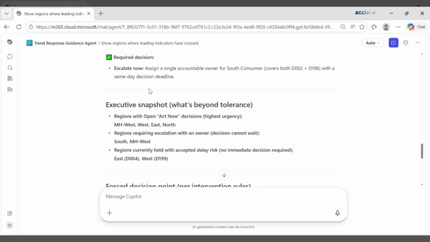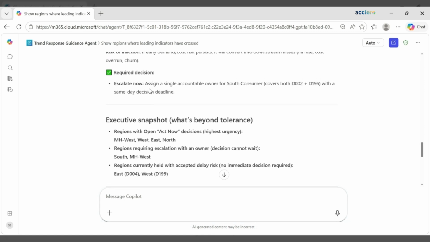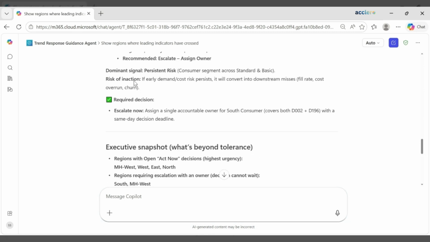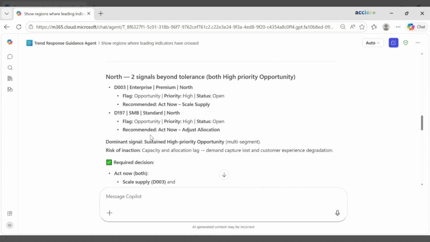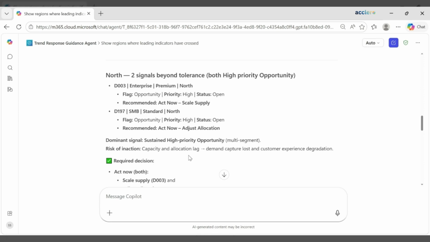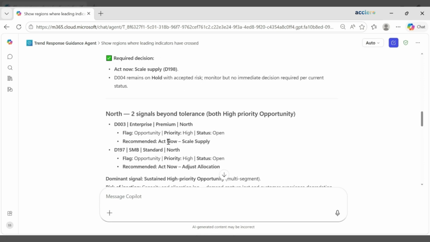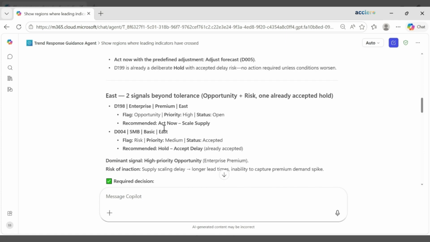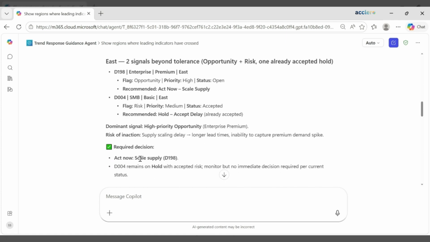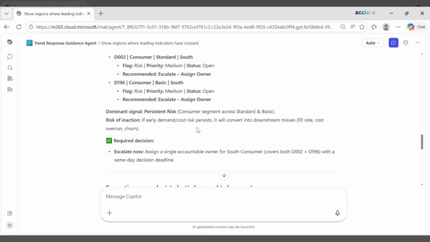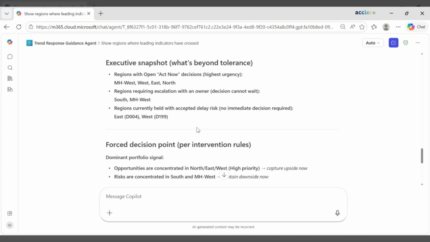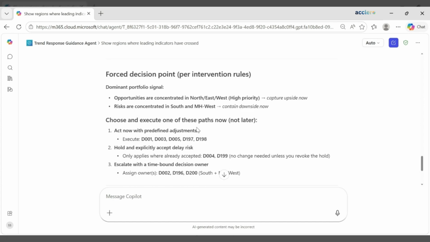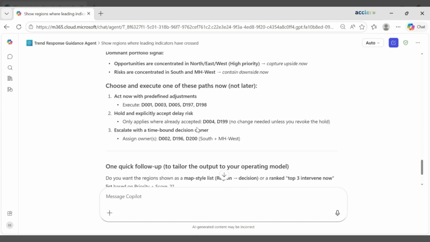It also provides the required decisions or actions: for South it gives escalate now, for North it gives capacity and allocation lag, act now, and for East it also gives act now signals. So instead of waiting for lagging KPIs like revenue or service levels, the agent intervenes immediately when action is still possible.